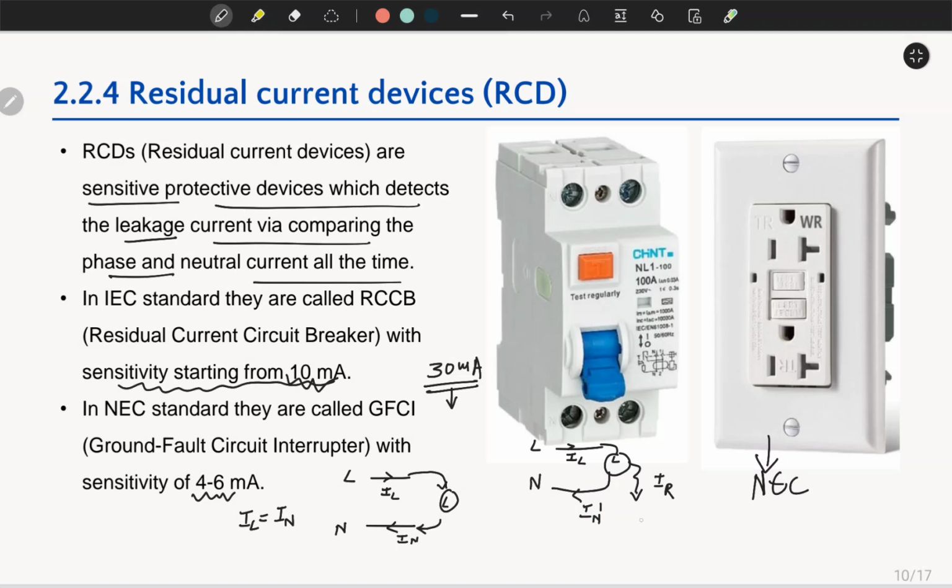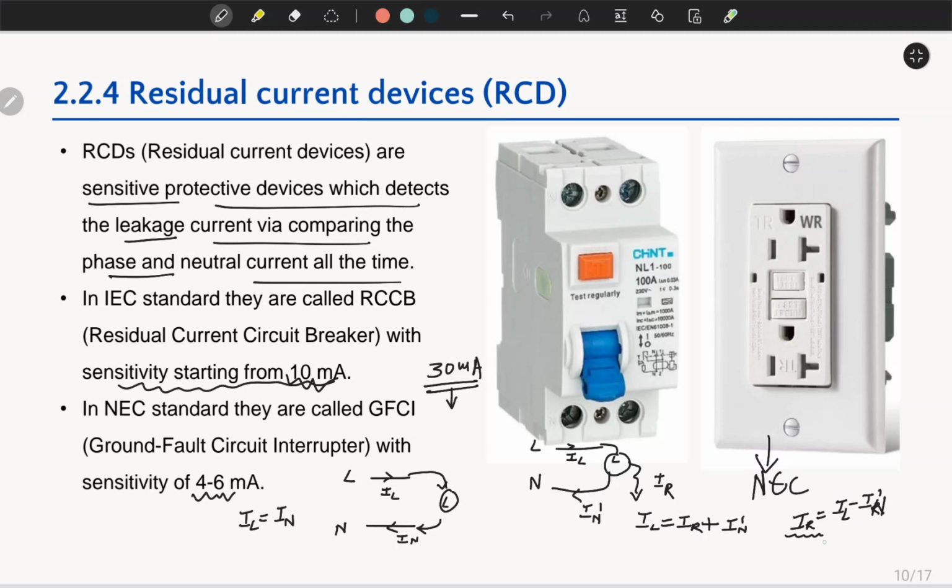So what will happen now? The current IL will be equal to IR, which is the residual current or the leakage current, plus IN dash. So this IR, which is equal to IL minus IN dash, will act as an actuating current.